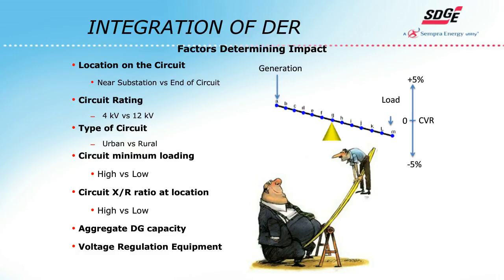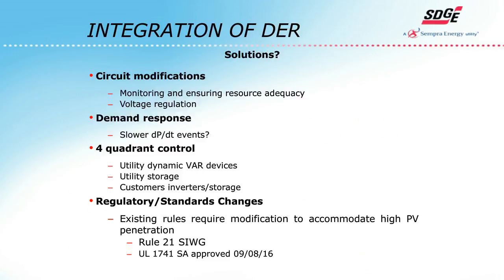So let me switch gears here a little bit now. What are the solutions? Historically, those solutions have been circuit modifications, and monitoring, ensuring resource adequacy for the actual system and making sure the voltage regulation schemes worked.